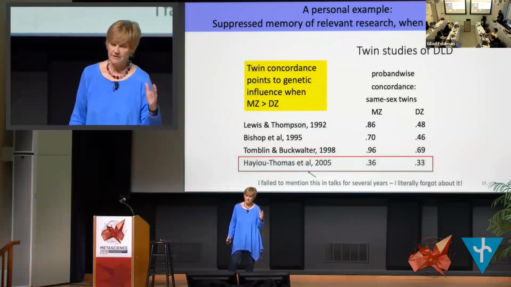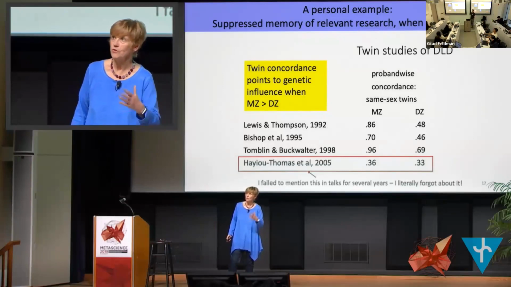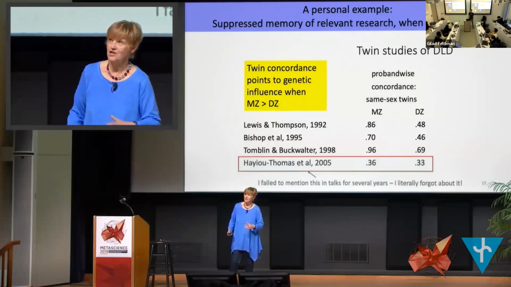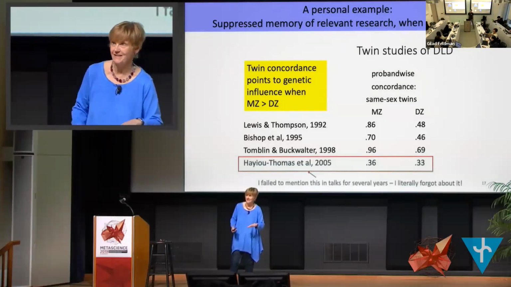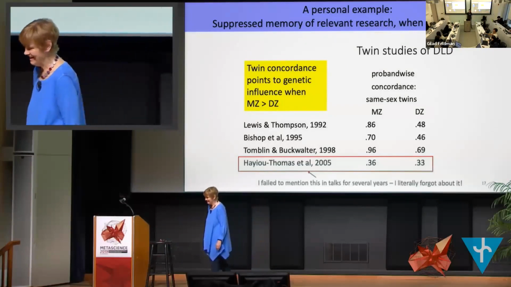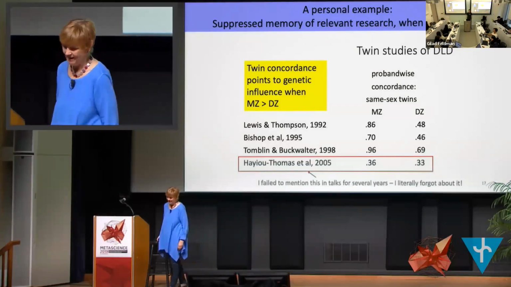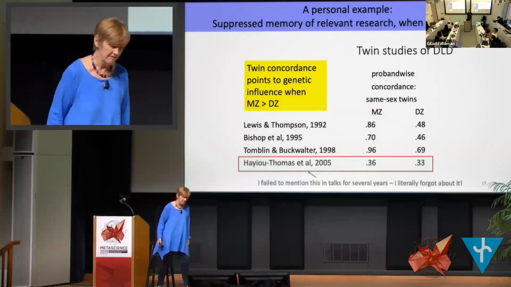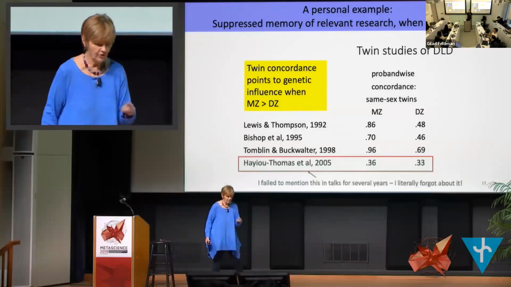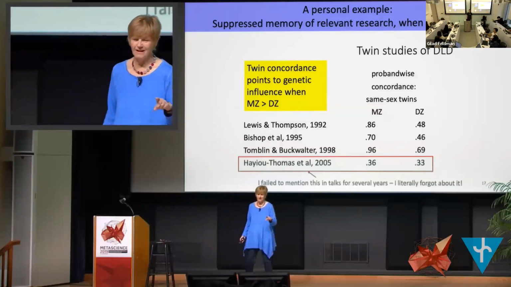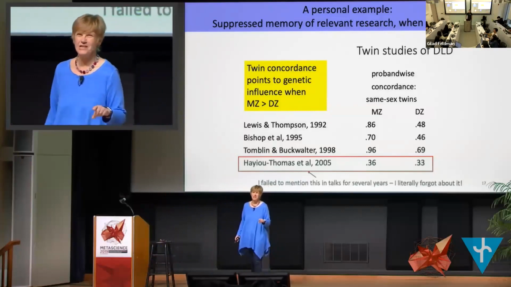I suddenly realized that although I had known about that study, when I was preparing talks I just never thought to put it in. I managed to mentally suppress its existence. It was only when I had to do some more systematic review that I came up against it again and thought, oh yeah, that's that study by my PhD student.